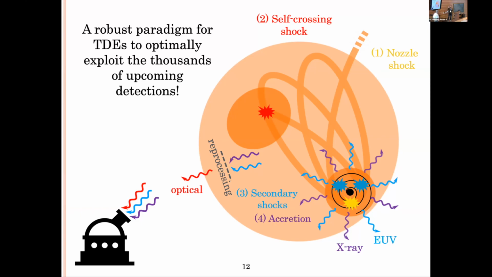Basically, what the self-crossing shock does is that initially the angular momentum distribution is centered on that of the star, a very narrow distribution. The shock spreads this distribution such that you now have higher angular momentum, which is mostly unbound, but also lower angular momentum. And it is the lower angular momentum gas, with value in absolute value larger than that of the star, that forms this disk.